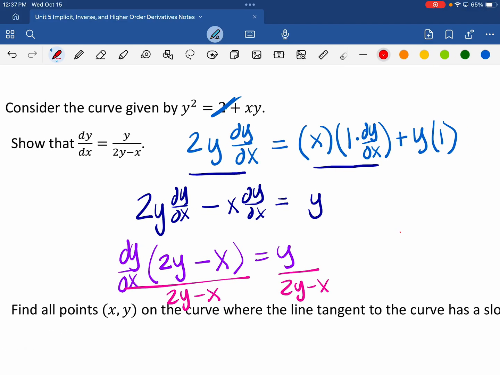And then dy dx equals y over 2y minus x. Do you even need to keep going at that point? It might be a good idea just to state it exactly how it's stated here, to finish it out.